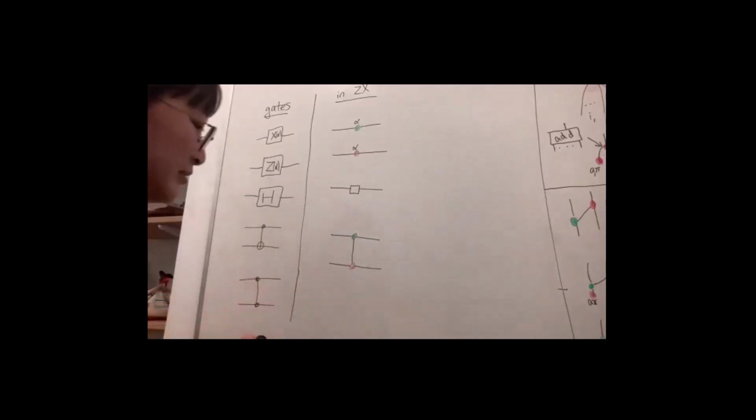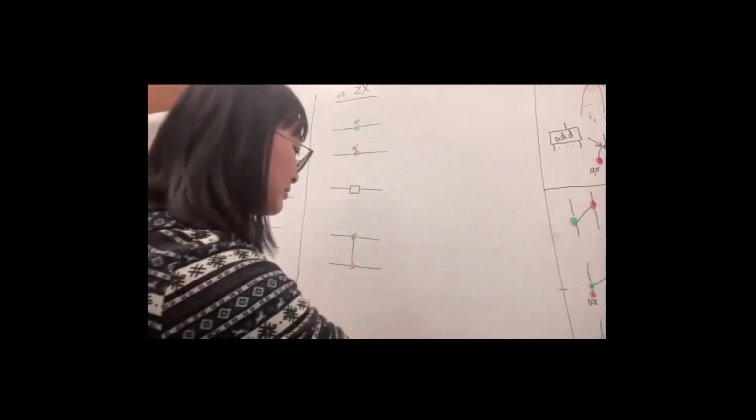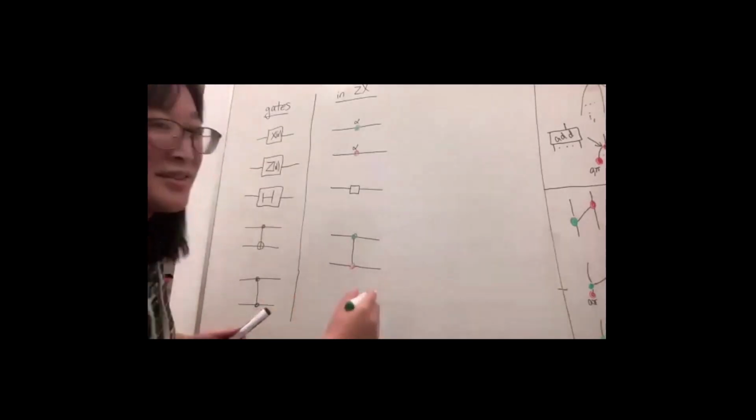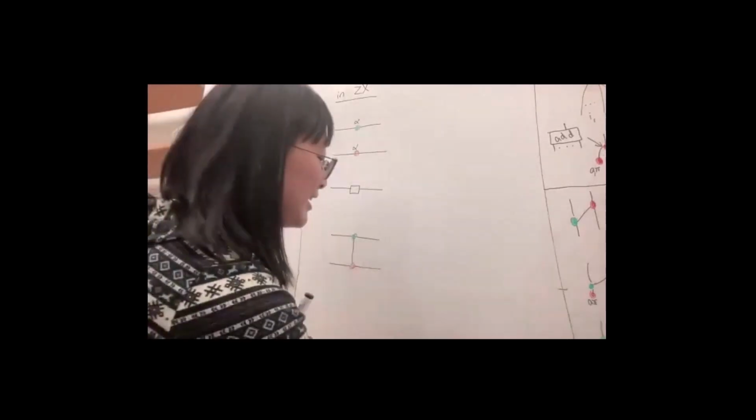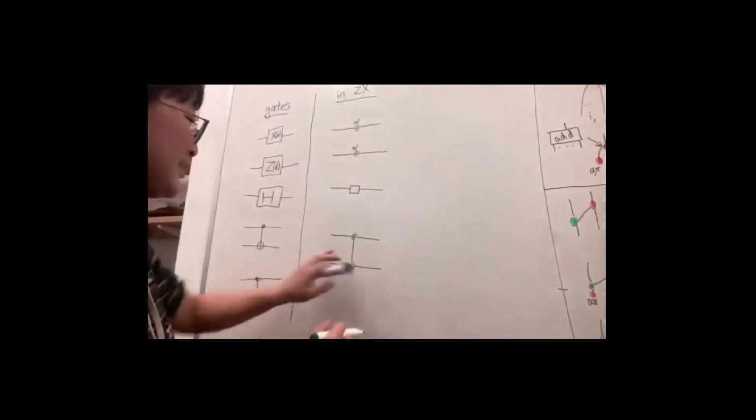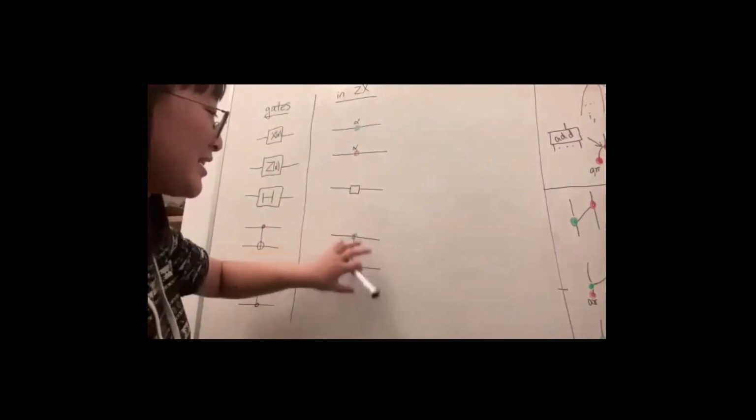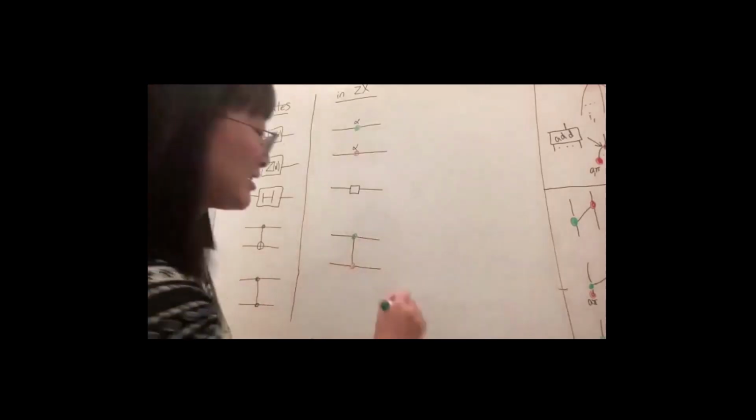The CZ gate. One way that you could draw a CZ gate is, it's just equal to a CX gate, but you put Hadamards on both sides of the target.